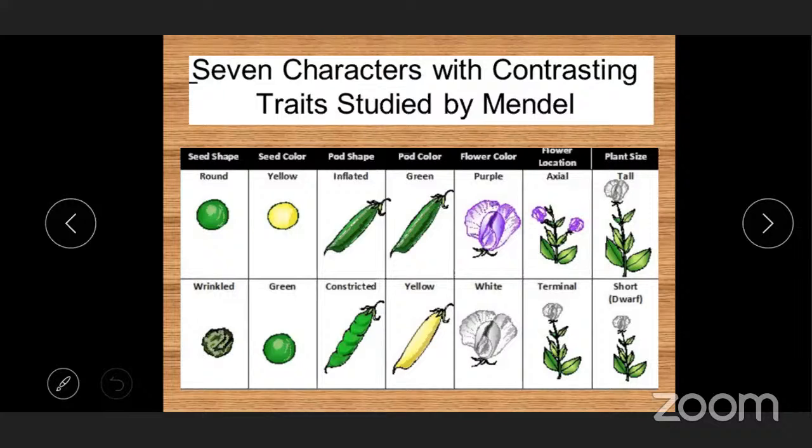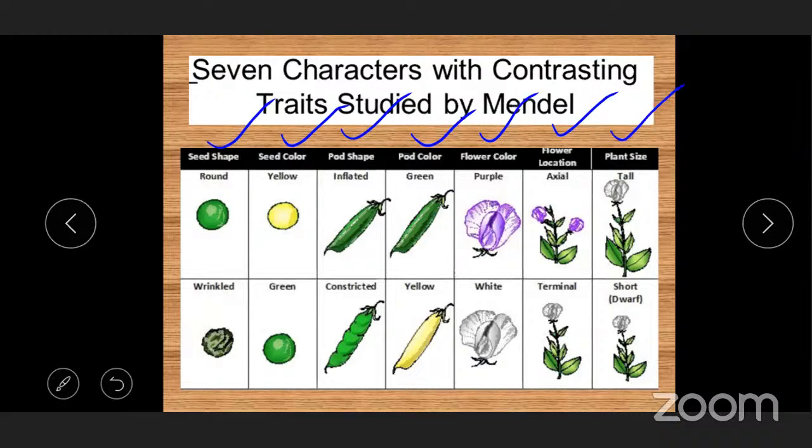Mendel selected 7 pairs of characters, which means 14 true breeding characters. Those are seed shape, seed color, pod shape, pod color, flower color, flower position, and plant size.